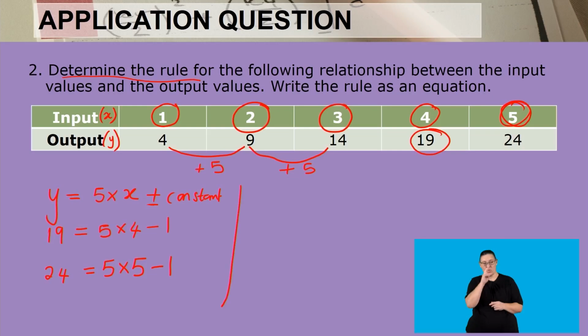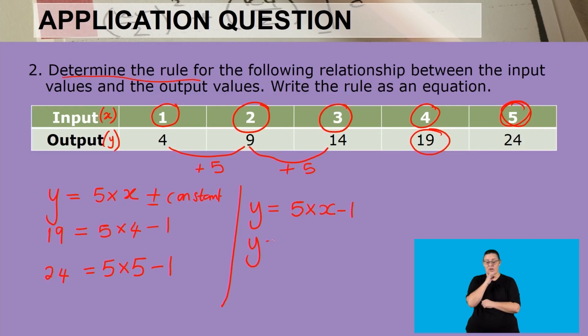So what are we seeing here with our rule? We can see that for us to get the output value, we are going to take this constant difference that we have seen between these consecutive numbers, or between these consecutive inputs. We are going to take the 5 and we are going to multiply it by the input, and we are going to subtract 1.